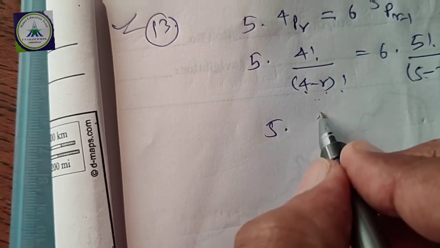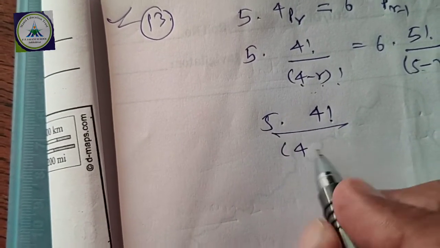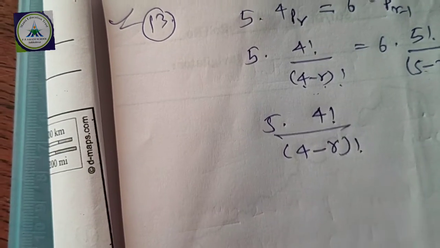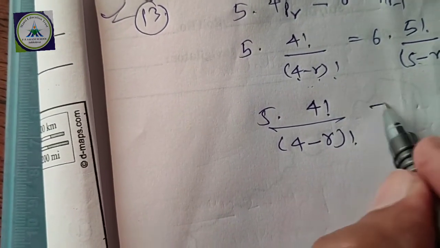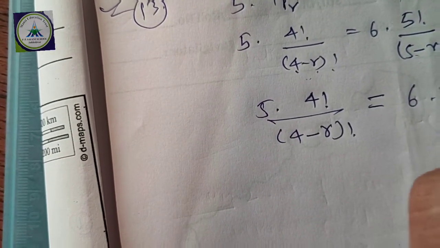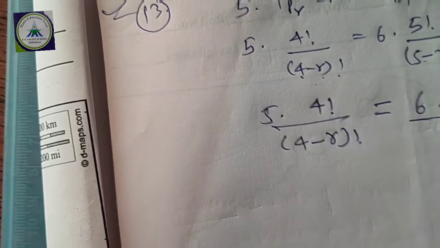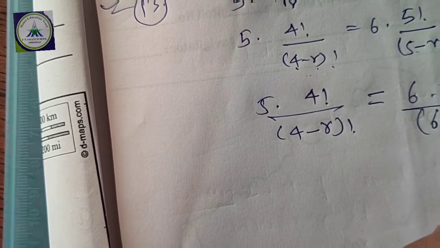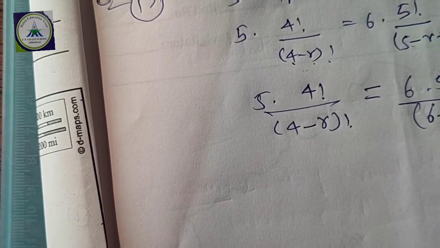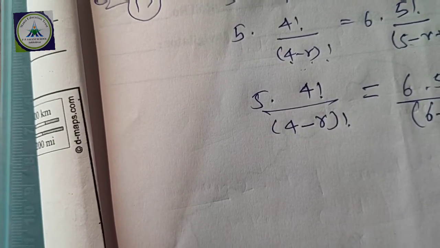So 5 times factorial 4 upon factorial 4 minus r equals 6 times 5 times factorial 4 upon 6 minus r times 5 minus r times factorial 4 minus r.